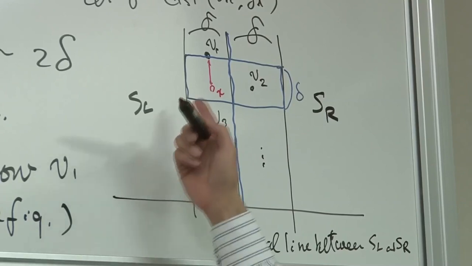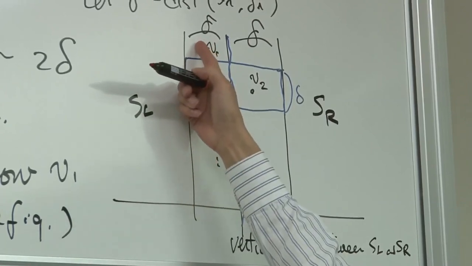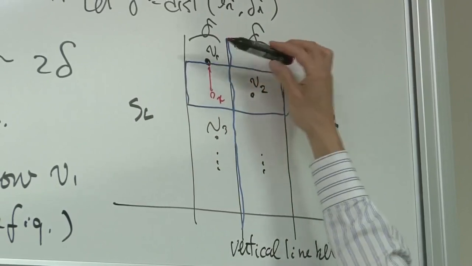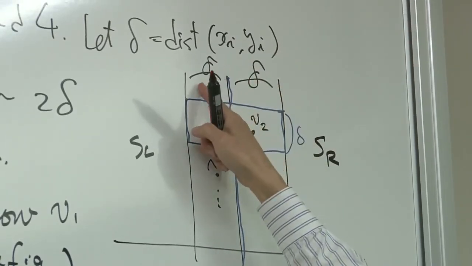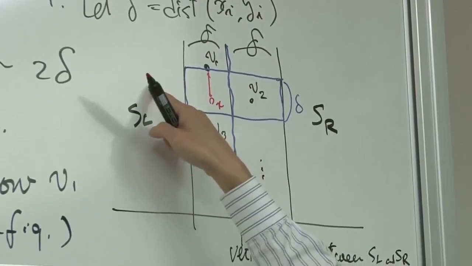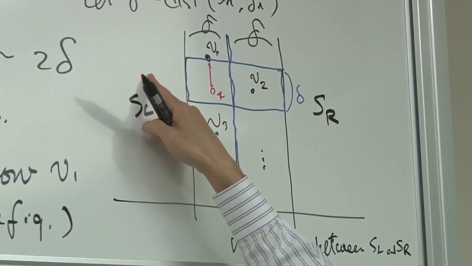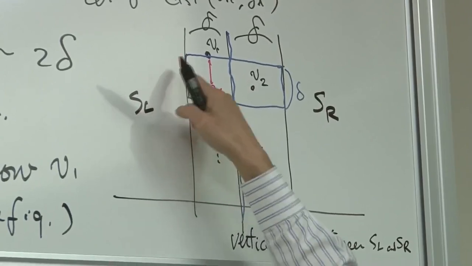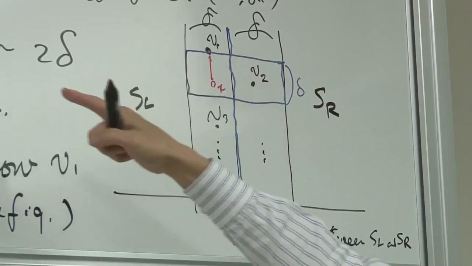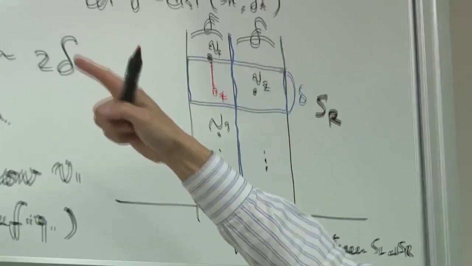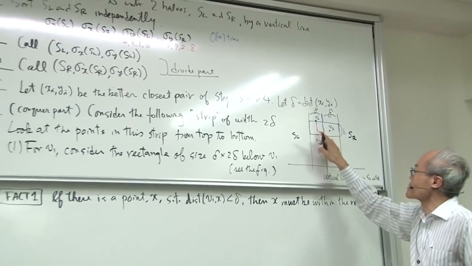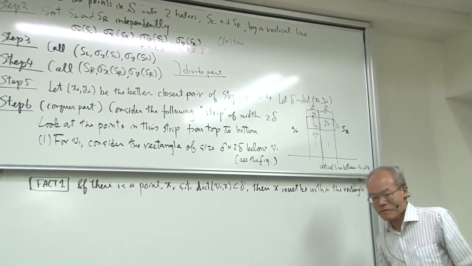First, x should not be here because V1 is the first one. x should not be here. Why? Because if x is here, then this pair should have come from step 3. So this is not correct.